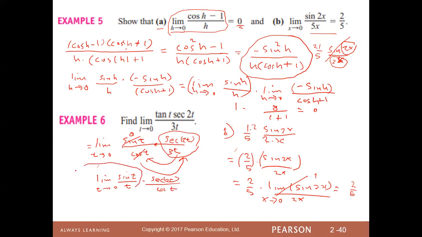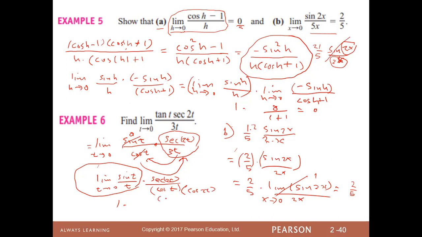Now plug in 0. What do you think you're going to get for this one? 1. Excellent. And then multiplied by the top, which will give you what? 0, right? No, it's not going to give you 0. If you want to change sec, if you bring it down, it will be cosine 2t.